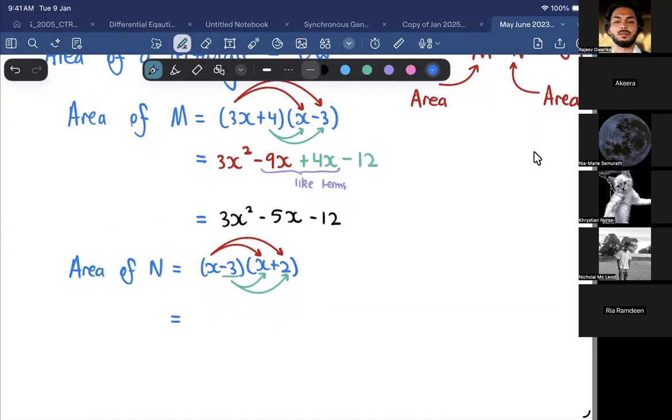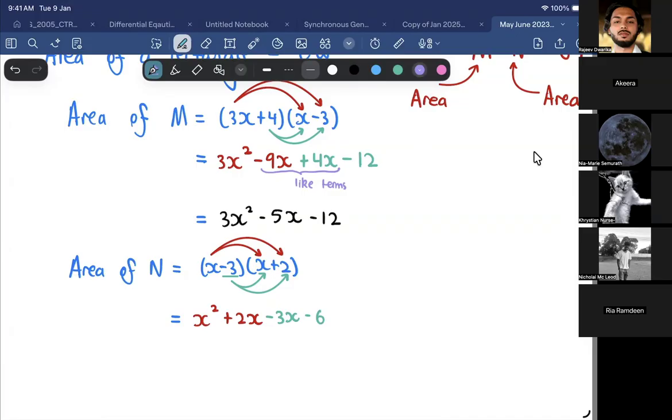All right, let's work out everything in red quickly. So we're going to end up with x by x, x squared. Then x by 2 is plus 2x. Then negative 3 by x is negative 3x. Negative 3 by 2 is negative 6. Are you seeing any like terms? Yes.